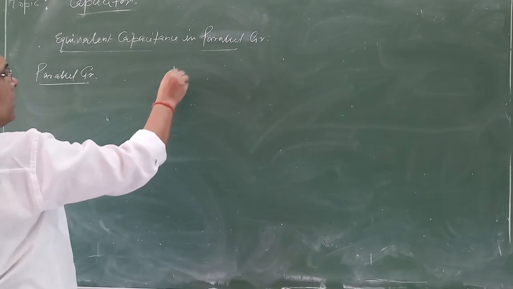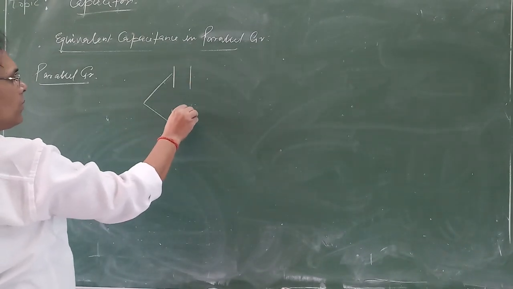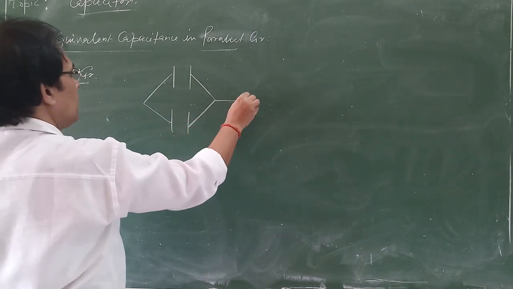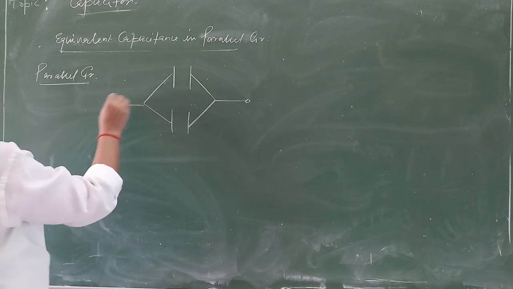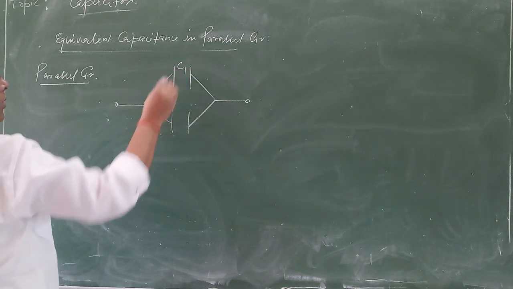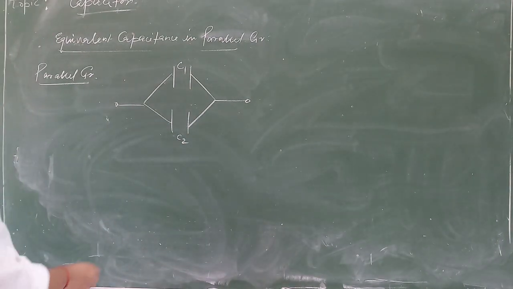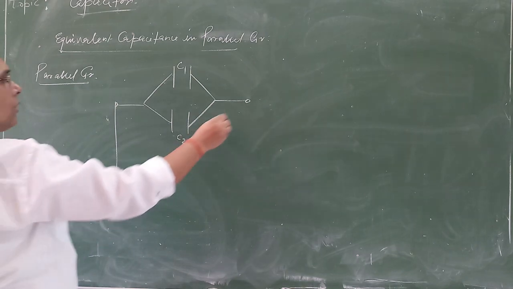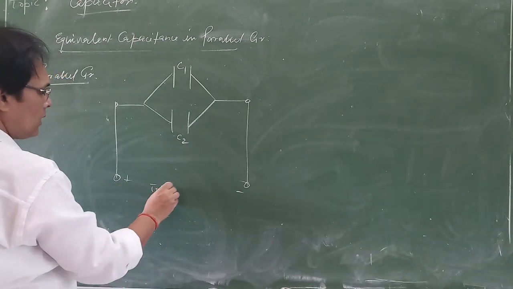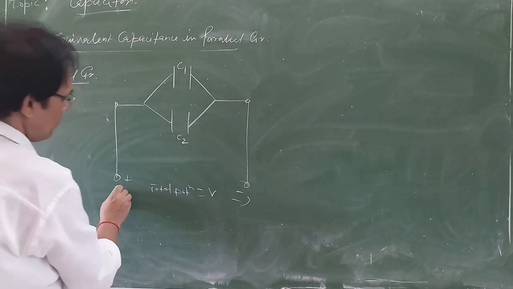Two capacitors, let these two capacitors be connected in this way. Capacitance of this capacitor is C1 and capacitance of this capacitor is C2. Suppose it is connected to a battery, plus minus, and the total potential is V volt from here.